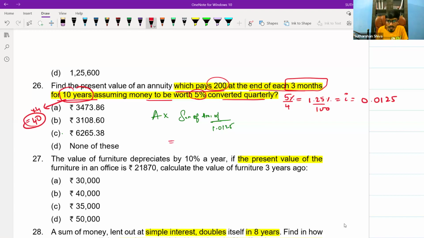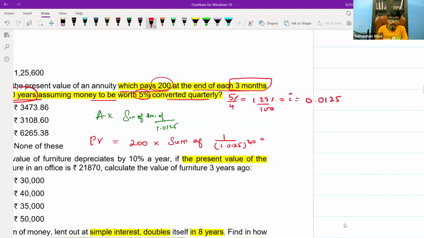So the formula will be: present value is equal to 200 into the sum of 1 divided by 1.0125 whole power 40. I will tell you a calculator trick; do whatever I am telling and follow it. Take a calculator. Press 1.0125 divided by equal to.